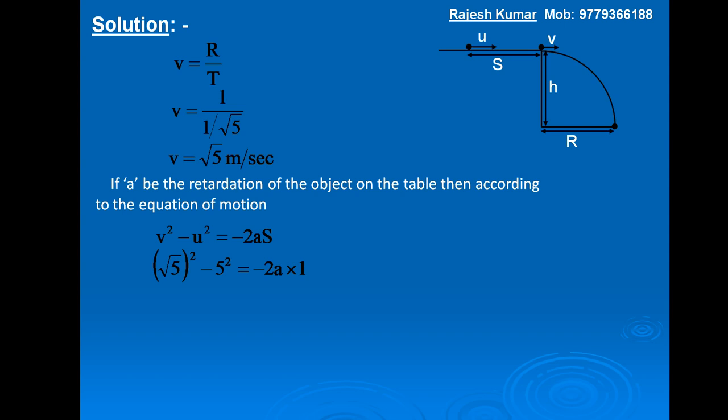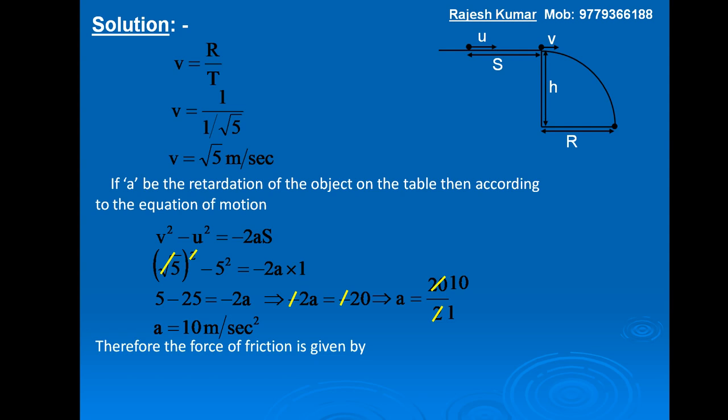Now square root and square cancel each other, so we get 5 minus 25 is equal to minus 2a. This implies minus 2a is equal to minus 20. Minus signs cancel each other, so a is equal to 20 upon 2, so a is equal to 10 meter per second square.